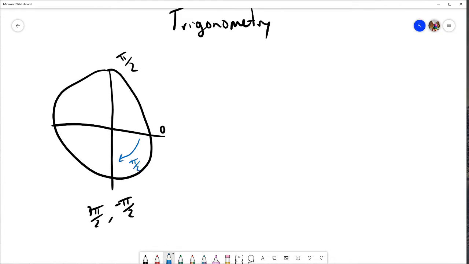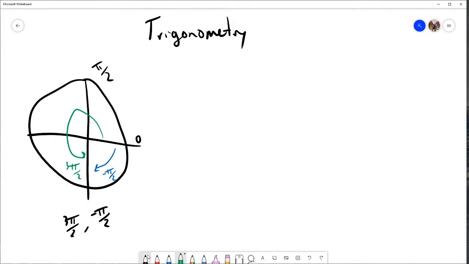We have to go clockwise, whereas counterclockwise, this is 3 pi over 2. So it's the same thing in terms of xy coordinates, but how we get there is different.